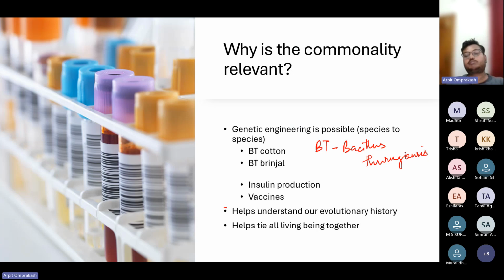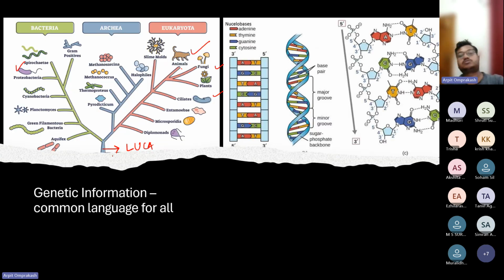And based on that, we can make a tree like this, right? So, for example, here it shows that animals and plants probably came much later than these bacteria and archaea, right?